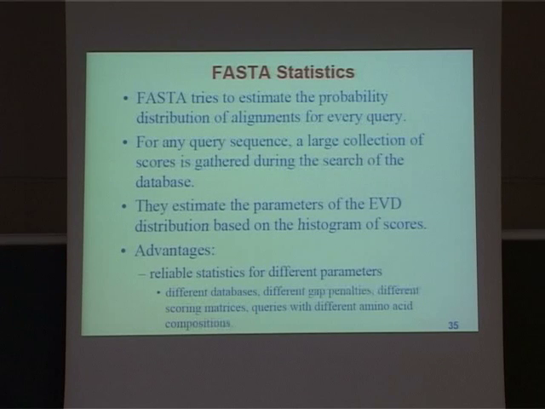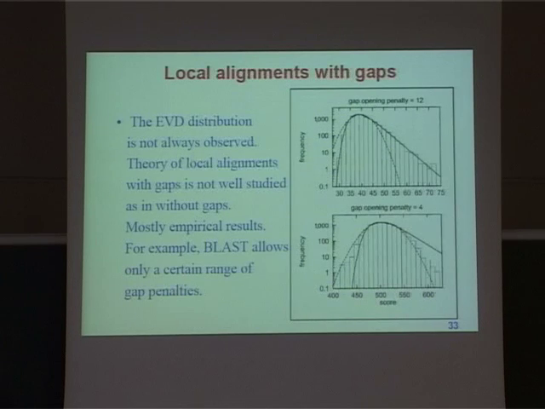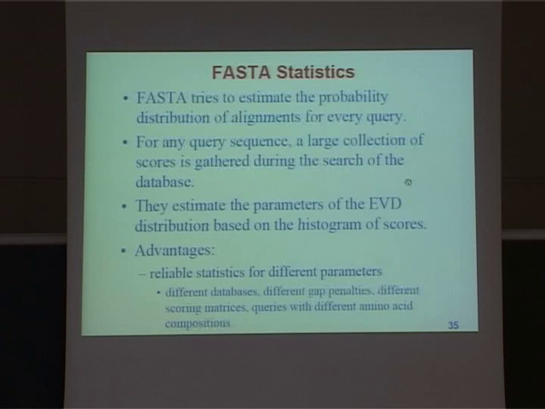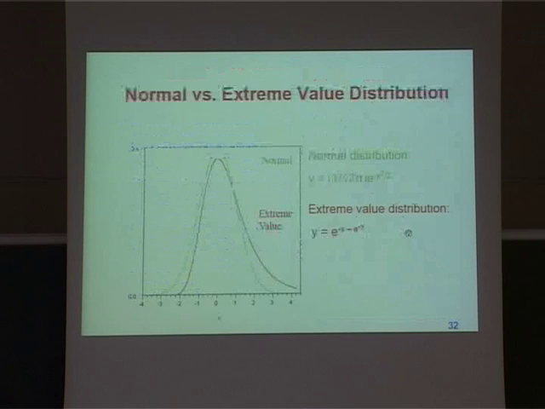And what FASTA does is, it tries to estimate the probability distribution of alignments, similar to this, okay. It tries to estimate these distributions for every query. So for any query sequence, they collect a large collection of scores during the search of the database, and they estimate the parameters of the extreme value distribution based on the histogram of scores. So what is the parameter of the extreme value distribution? It's just this X, okay?